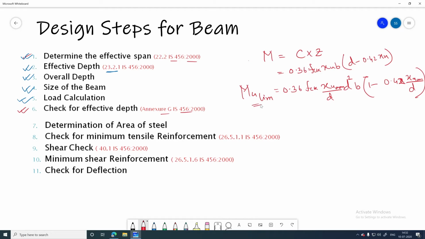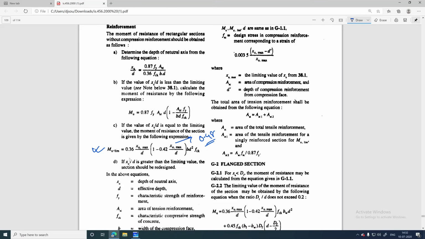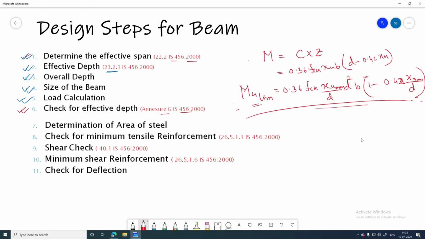That is why it is the limiting condition. You can see this formula is the same as that given in the Indian Standard Code: 0.36 xu max by d, 1 minus 0.42 xu max by d, b d square fck. Look here, b d square and fck. So this is actually the formula, and you don't need to remember it, which is a very simple thing. In this way, we can get the maximum moment, that means the limiting moment for that particular design.